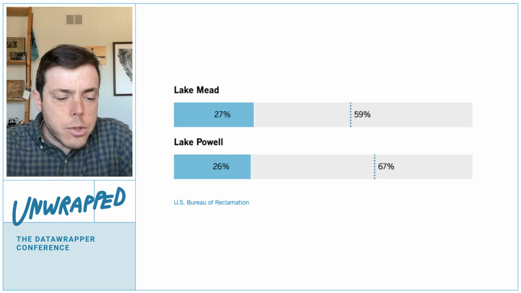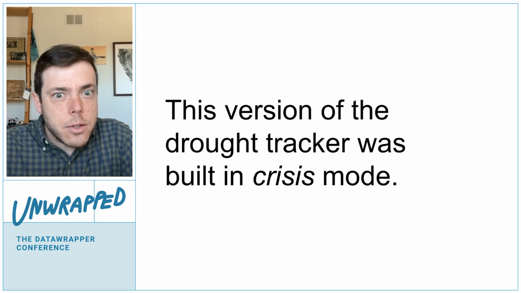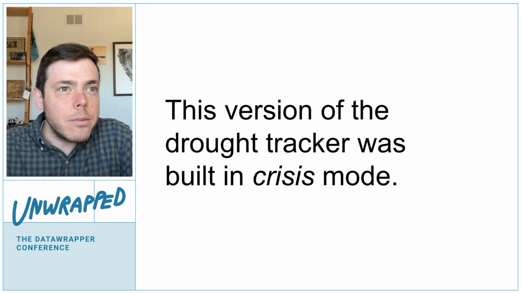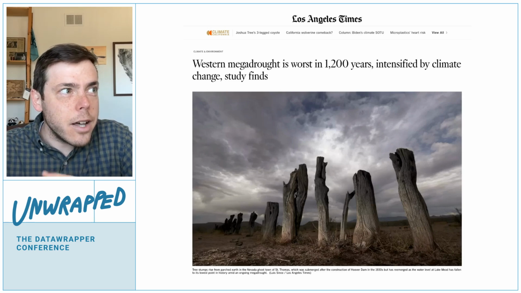This type of chart was really a product of the time when California was in a crisis. It hadn't rained in what felt like forever, and we really couldn't imagine that it would ever rain again, because we had these apocalyptic photos and headlines of a 1,200-year mega drought.